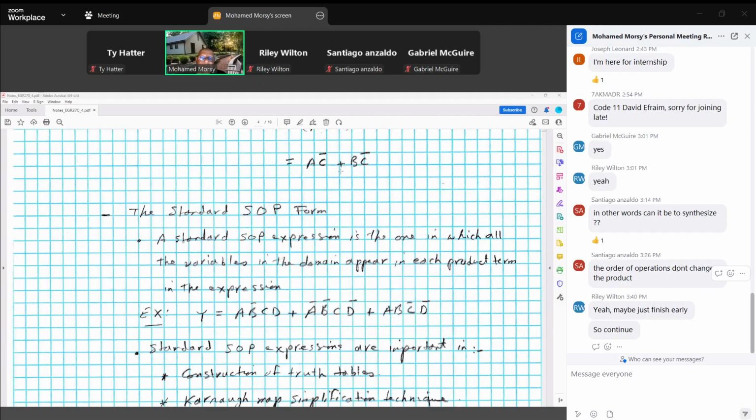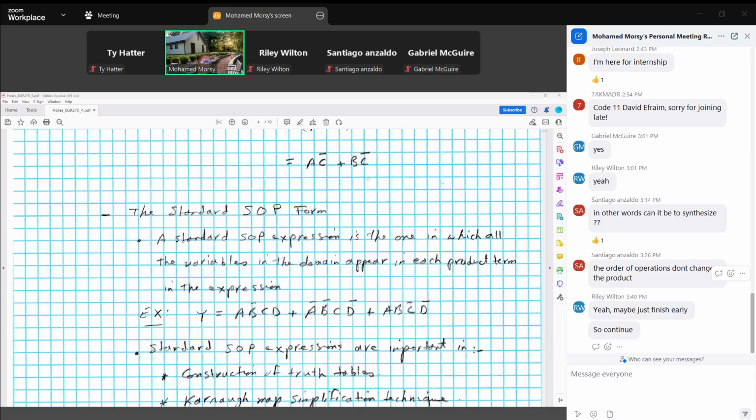To get this standard, we must have in this term somehow B or B inverted multiplied, and here we must have A or A inverted multiplied. We'll see how we convert from one form, not standard, to standard form.